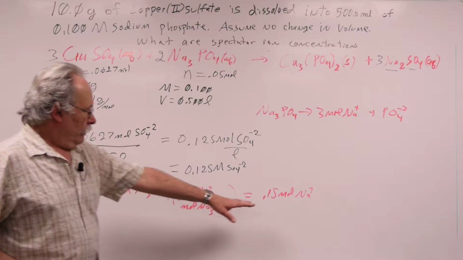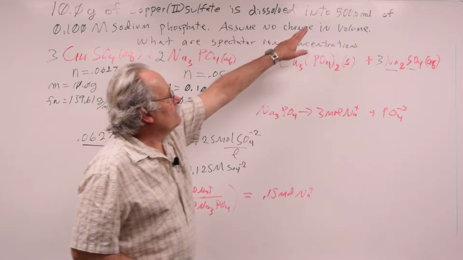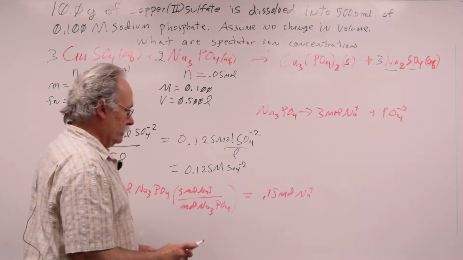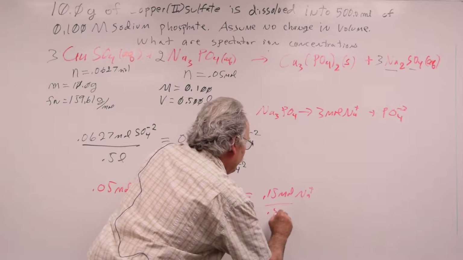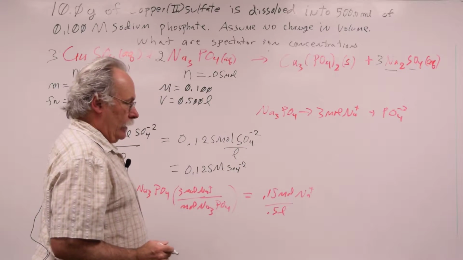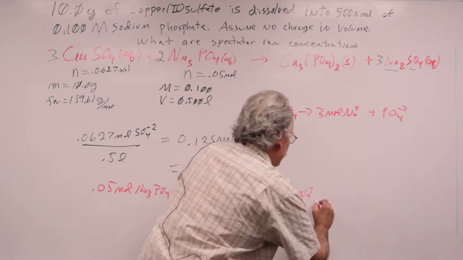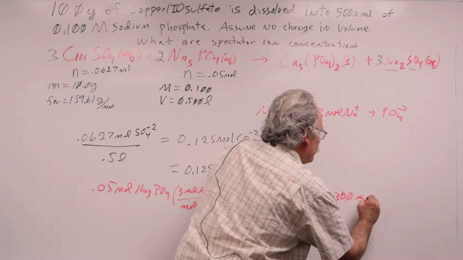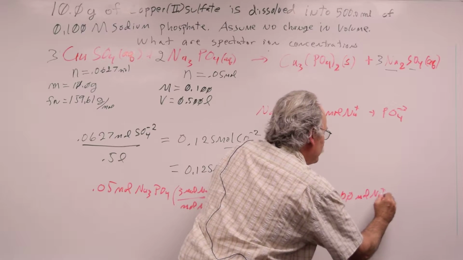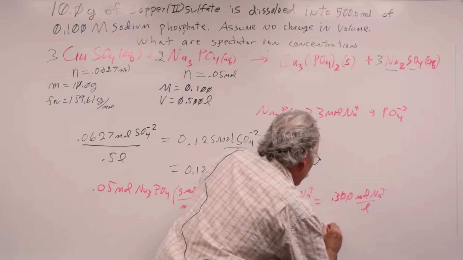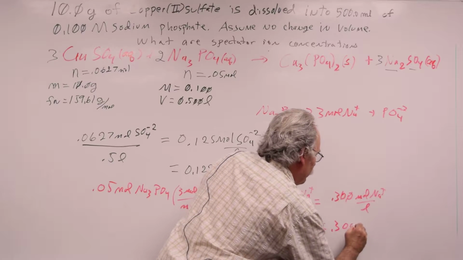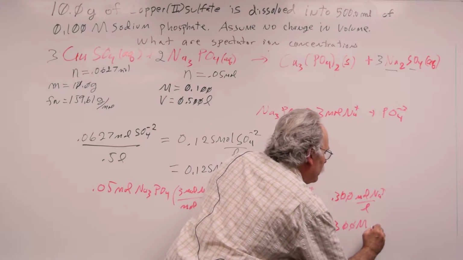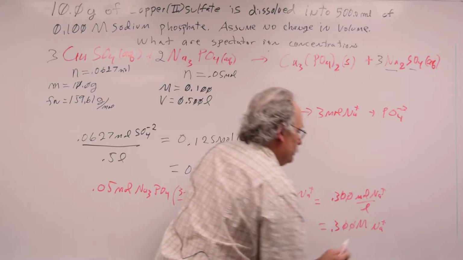This 0.15 moles of Na plus is in 500 milliliters, or 0.5 liters of water. So this gives it a concentration of 0.300 moles Na plus per liter, which is a 0.300 molar Na plus solution.